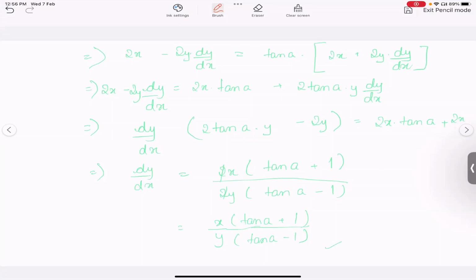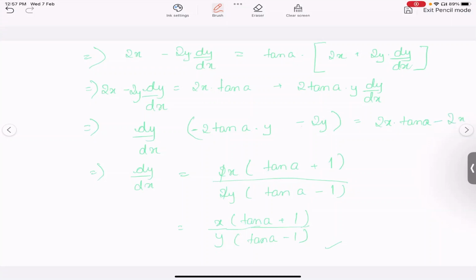I think there is some mistake. This term will be minus, this will be minus. Yeah, this will be plus. So 2x tan a minus 2x.